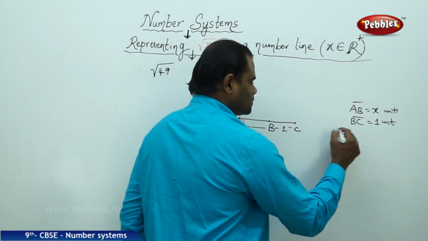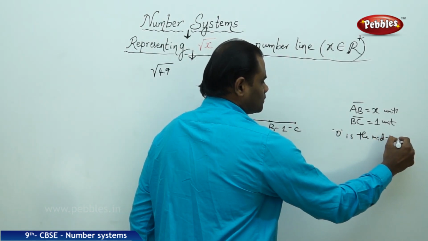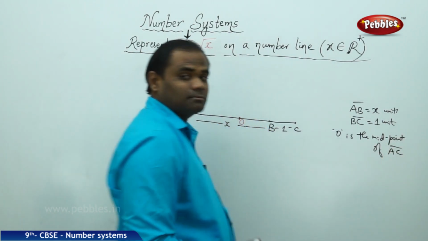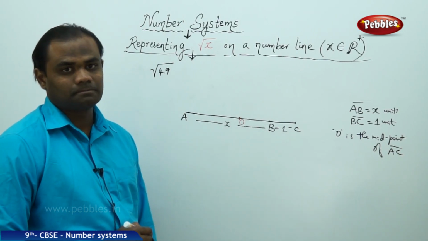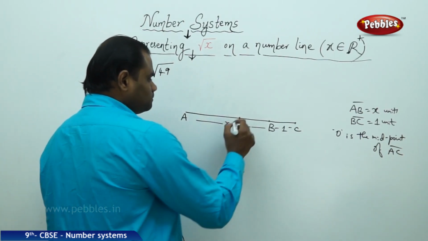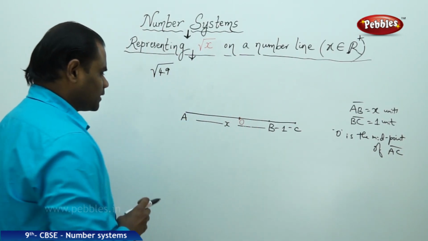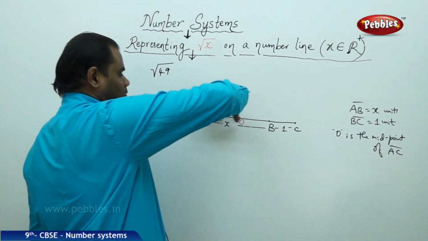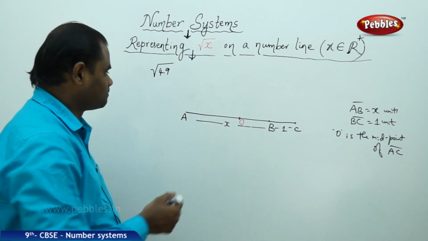So O is the midpoint of the line segment AC, through which AO is equal to OC. Now, let's try to construct the key factors in understanding how we can identify root of x using the number line.